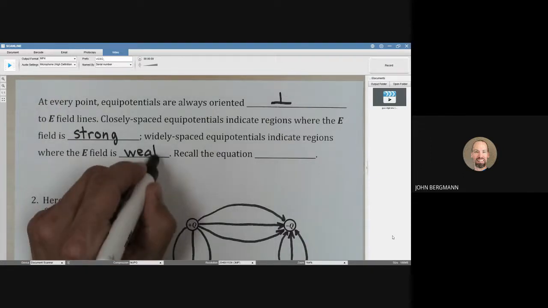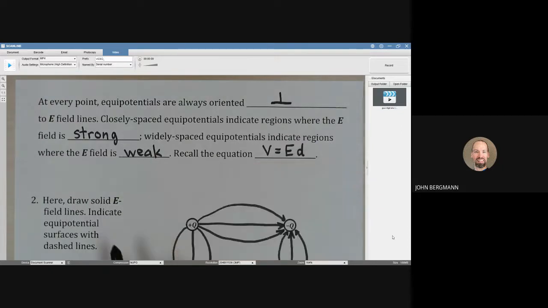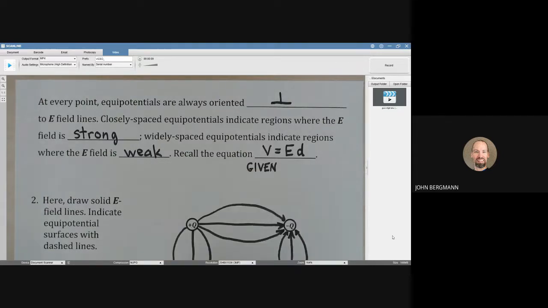If you recall the equation, we ran into it first with capacitors, that the voltage difference between the plates of a charged capacitor is equal to E times the separation of the plates. If there's a certain voltage difference here, let's say it's 10 volts between equipotentials, so that number is fixed.